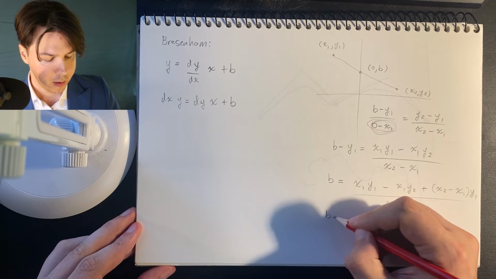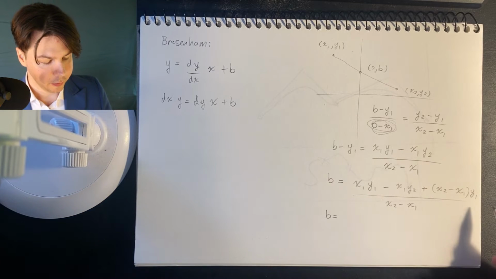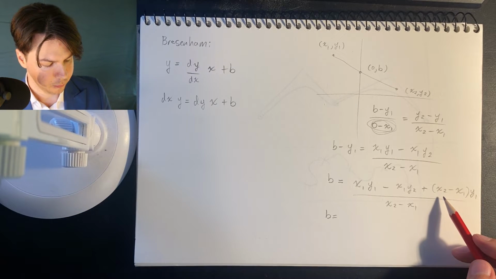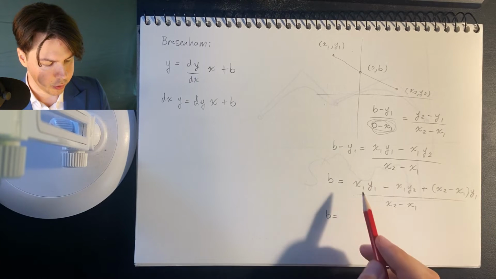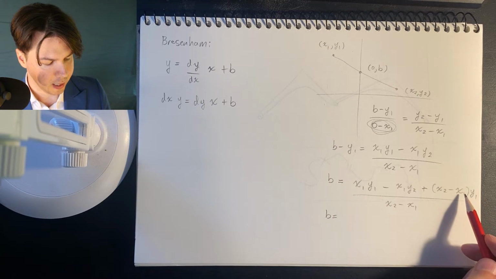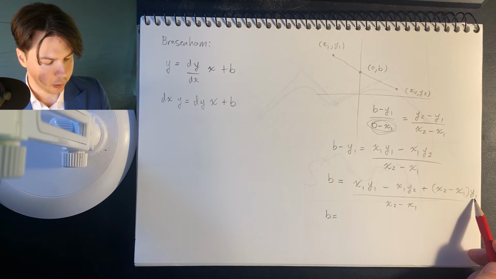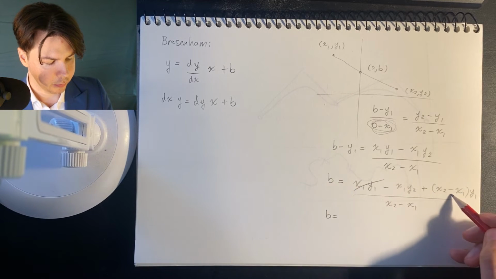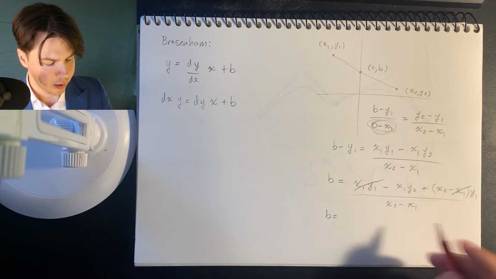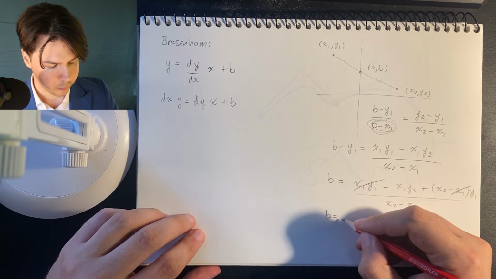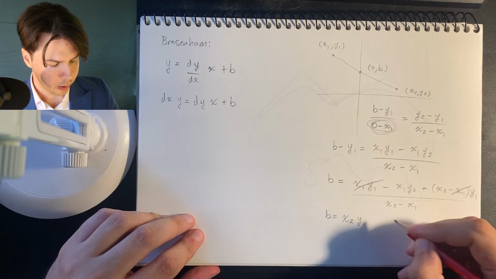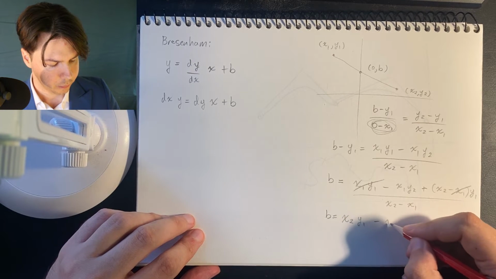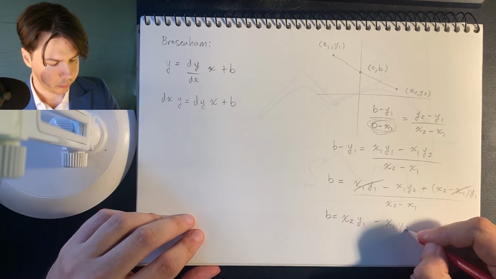Now, we have x2 y1, which doesn't occur here, but then we have negative x1 y1, which will cancel out this term here. And then this comes out to x2 y1 minus x1 y2.